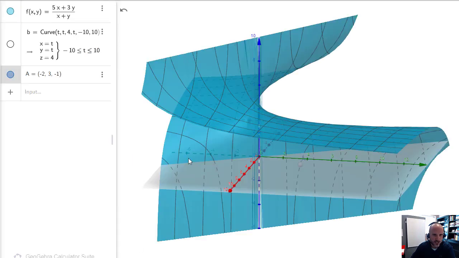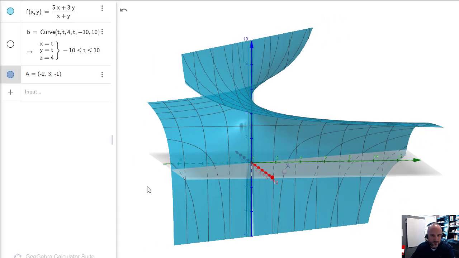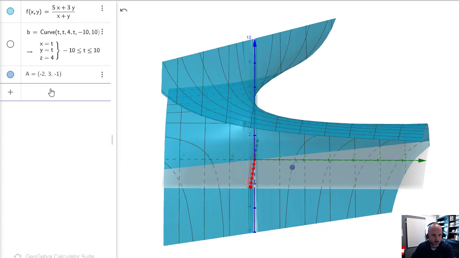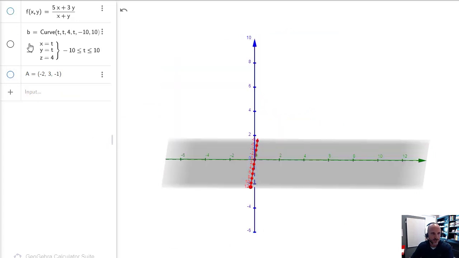Let's go back to our GeoGebra animation. Let me plot the line y equals x. Let me turn this point off. Let me turn off the curve for a second. Let me plot the curve where y equals x. So that might be t comma t, and then we'll keep z at 0 because we're in the xy plane.